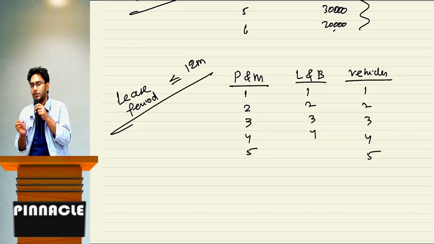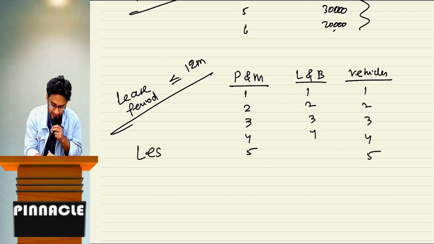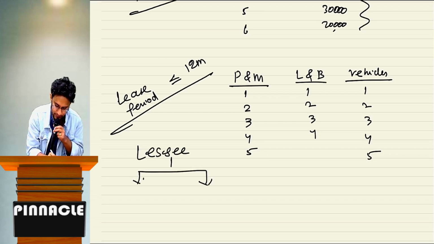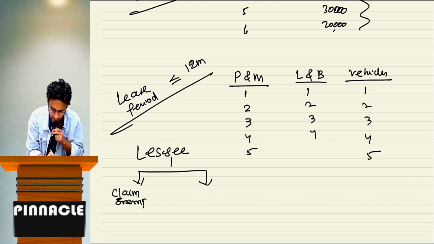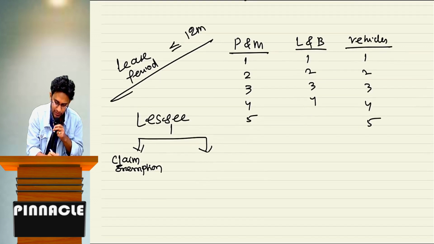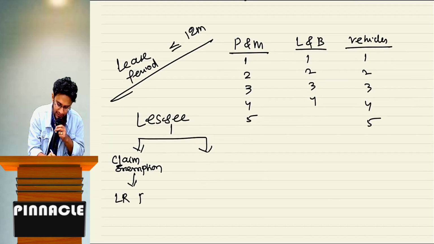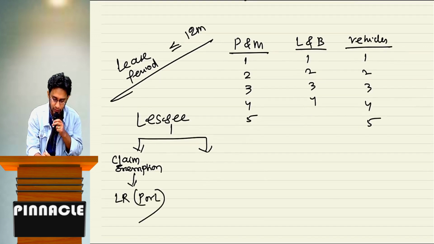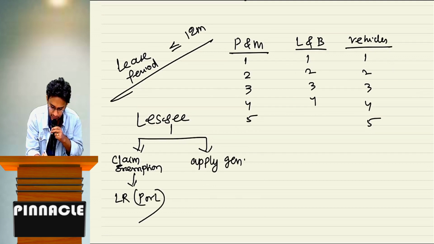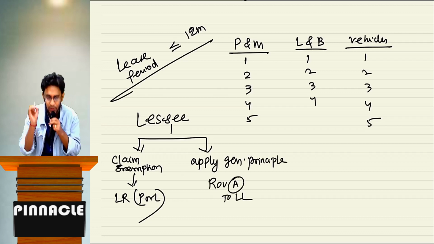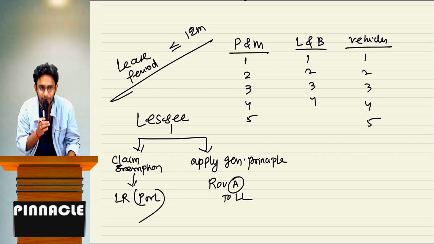If lease period does not exceed 12 months and I am a lessee, I prima facie have two choices. One is claim exemption. If I claim exemption, what will happen? The lease rents I will transfer to P&L. Or apply general principle. If I apply the general principle, what will happen? Right-of-use asset account debit to lease liability entry I should write.